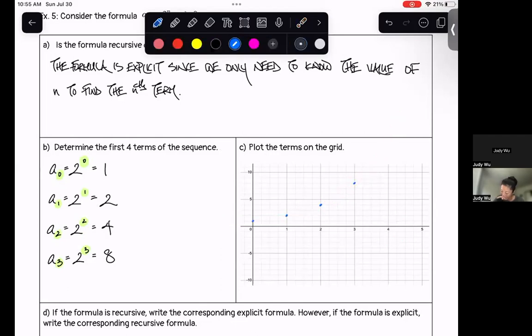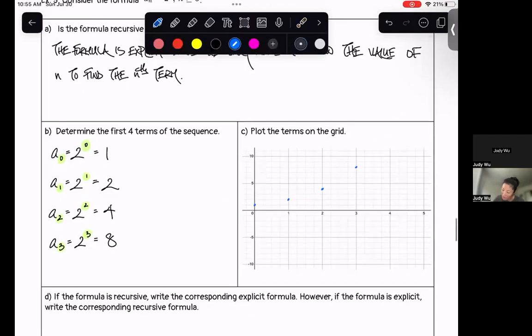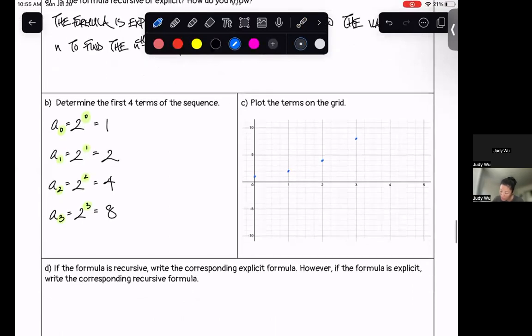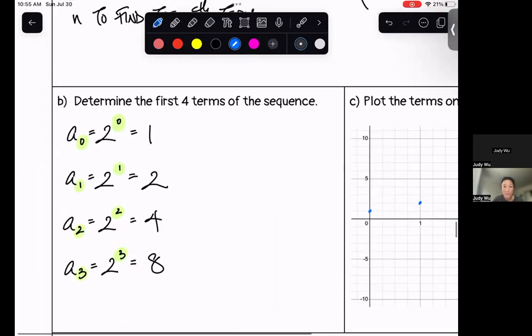Now, part D, if the formula is recursive, write the corresponding explicit formula. However, if the formula is explicit, write the corresponding recursive formula. So let's see what's happening in our terms here. We start with 1, and then we multiply by 2, we multiply by 2, we multiply by 2. So every time we're finding the next term, we multiply by 2.